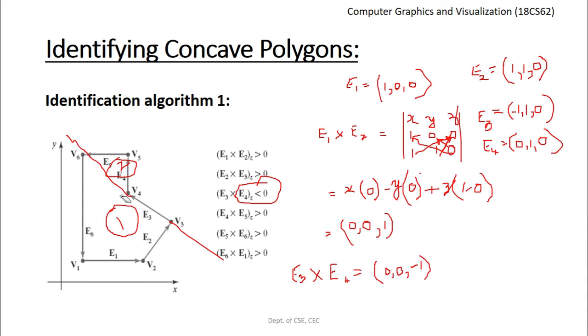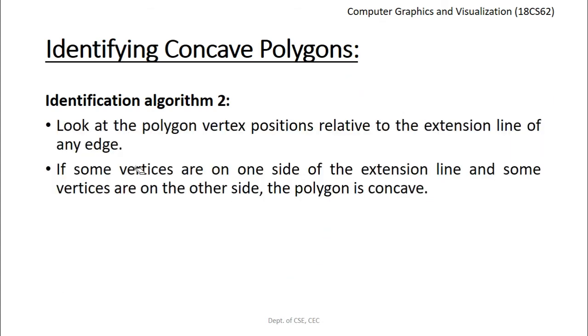The second method is extending a line segment. If some vertices are on one side of the extension line and some vertices are on the other side, we can say that the polygon is concave. You can see if this edge V3, V4 is extended, vertices V2, V3, V1 and V6 will be below this line segment, and the vertex V5 will be above this particular line segment. So this is one more method to determine a concave polygon.